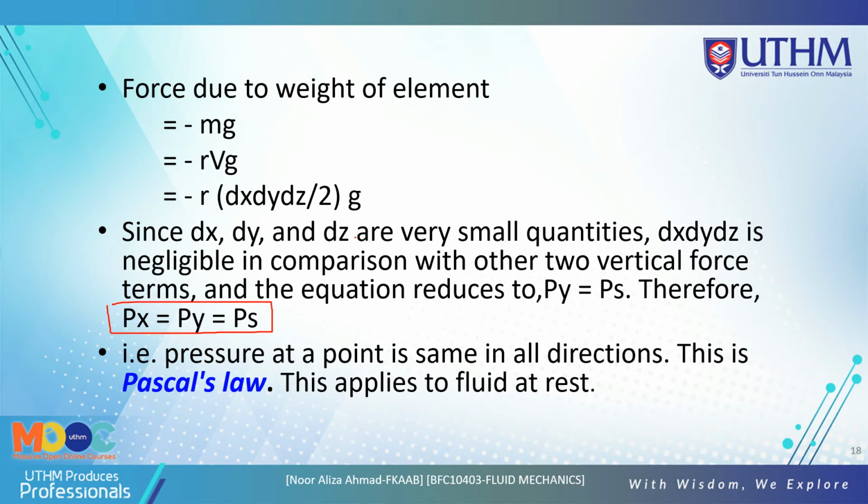Since dx, dy and dz are very small quantities, they are negligible in comparison with the other two. Py is equal to Ps. We know that in the x direction Px is equal to Ps, and in the y direction Py is equal to Ps. So Px is equal to Py is equal to Ps.